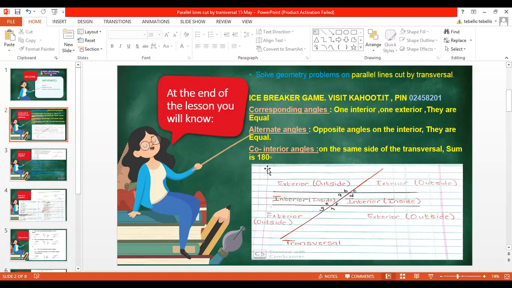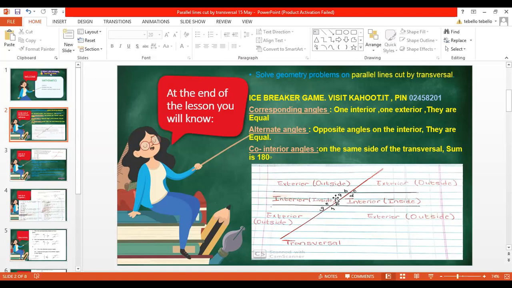The next one is co-interior angles. Co-interior angles are on the same side of the transversal, and their sum is 180 degrees. Again, we only focus on the interior, not the exterior. Our interior, between these two black lines, has 4 angles.